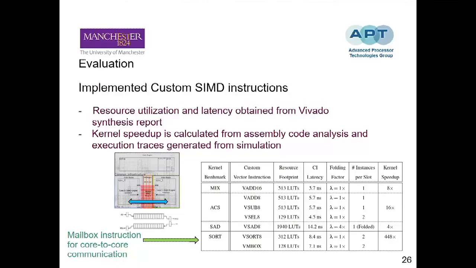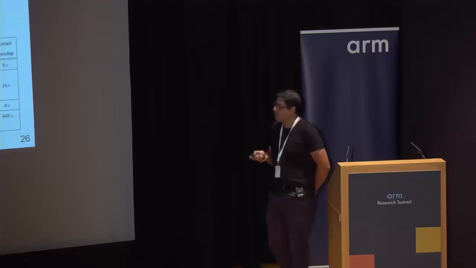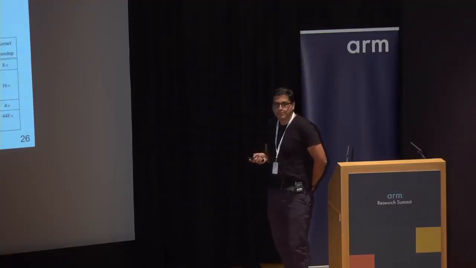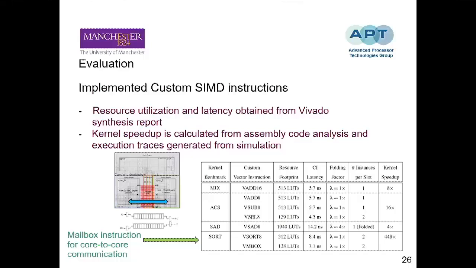Another idea is that this interlay could be used to implement instructions like mailboxes, where we can share data between 2 cores. That's one of the features that you cannot find in some other hardened designs.